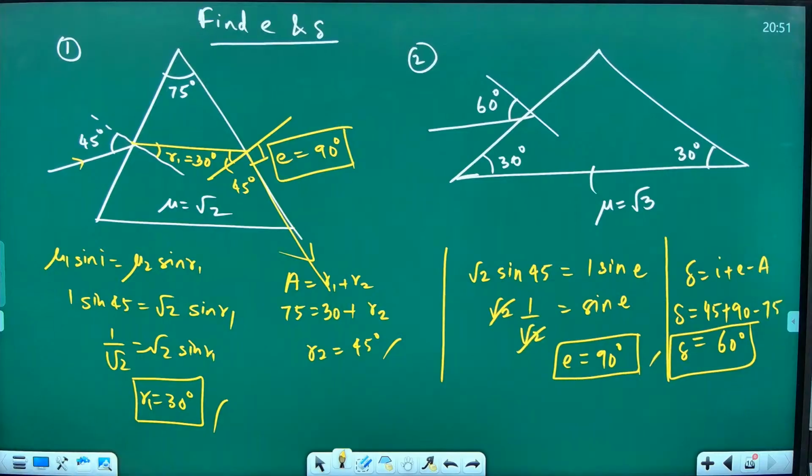You will face a challenge in it if you are solving it. E is 90 degrees, del is? Find it.